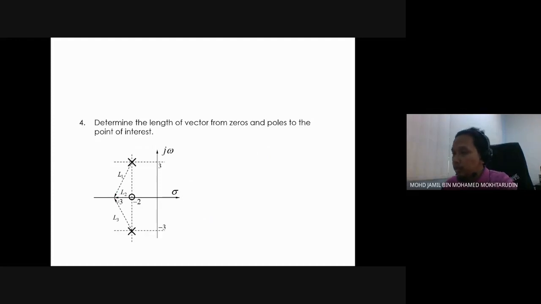So L1 is the length of this line. So the length equals 3 squared plus 1 squared, you get square root of 10. For L2, it equals 1. And for L3, the same length, square root of 10 as well.